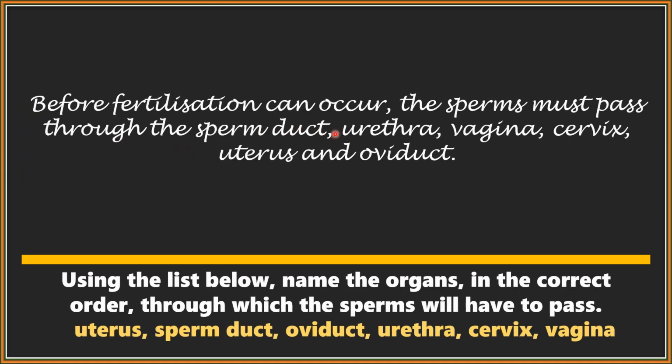Before fertilization can occur, the sperm must pass through the sperm duct, urethra, vagina, cervix, uterus, and oviduct.